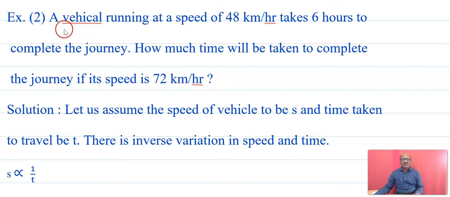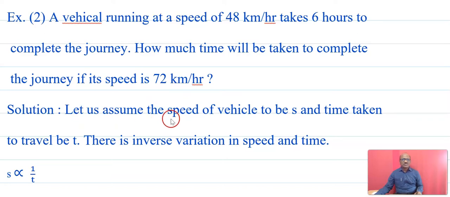Next example: a vehicle running at a speed of 40 km per hour takes 6 hours to complete the journey. How much time will be taken to complete the journey if the speed is 72 km per hour? Now here we are increasing the speed. Therefore the time will be less.